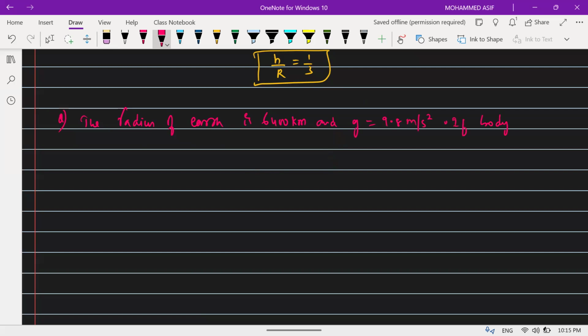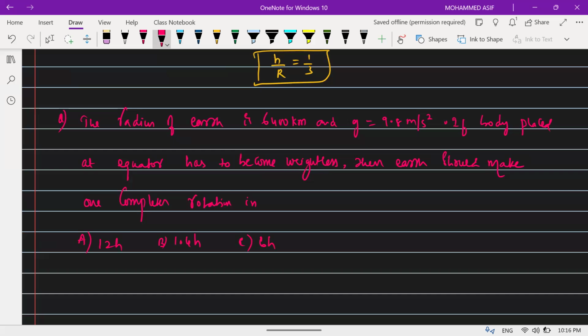If a body placed at the equator has to become weightless, then the earth should make one complete rotation in: first option 12 hours, second option 1.4 hour, next one is 6 hour, next one is 24 hours. Come on, try it.